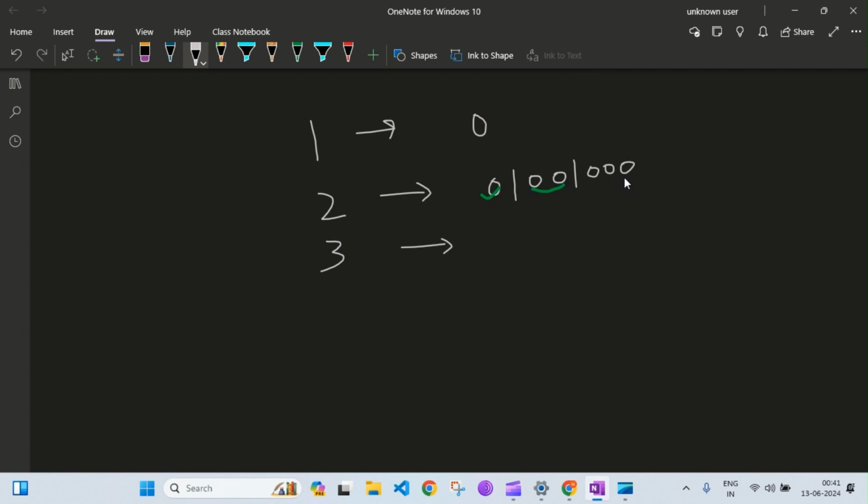This is 3 plus 1, 4, plus 4, 8. So for 2 islands it was a 4 length string, and for 3 it is an 8 length string, right? And for 1, it is a 1 length string.